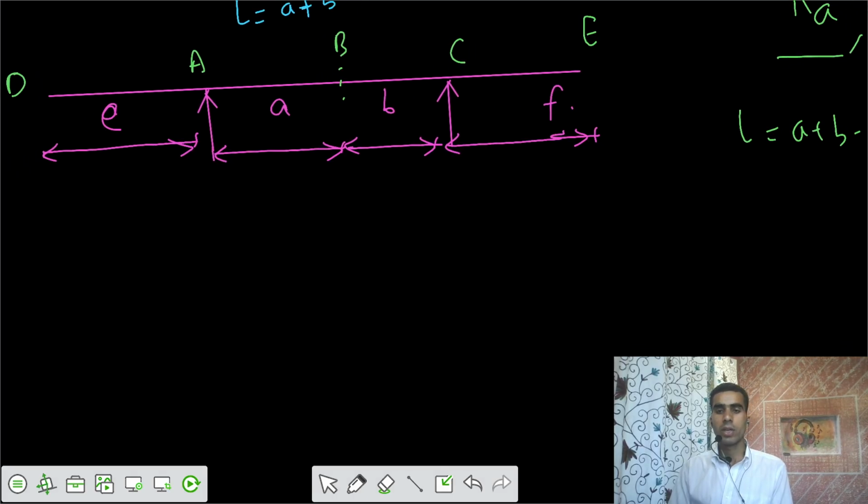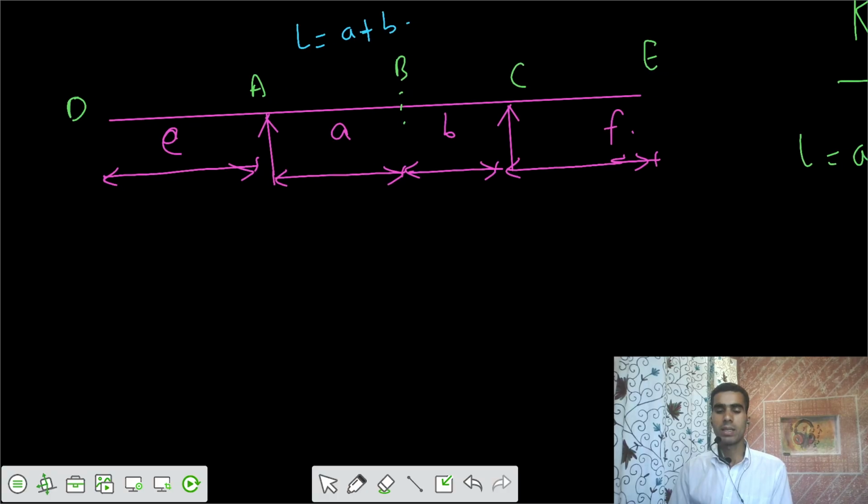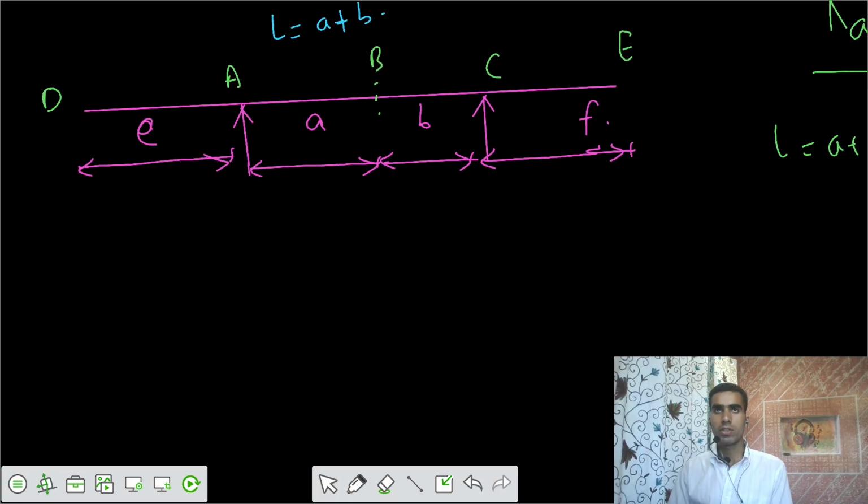It says to get the influence function of moment, you remove the restraint offered by that moment function. How can you remove the restraint? You introduce an internal hinge here, and then you apply unit rotation, theta 1 plus theta 2 equals 1, and that theta should be in the direction of movement.